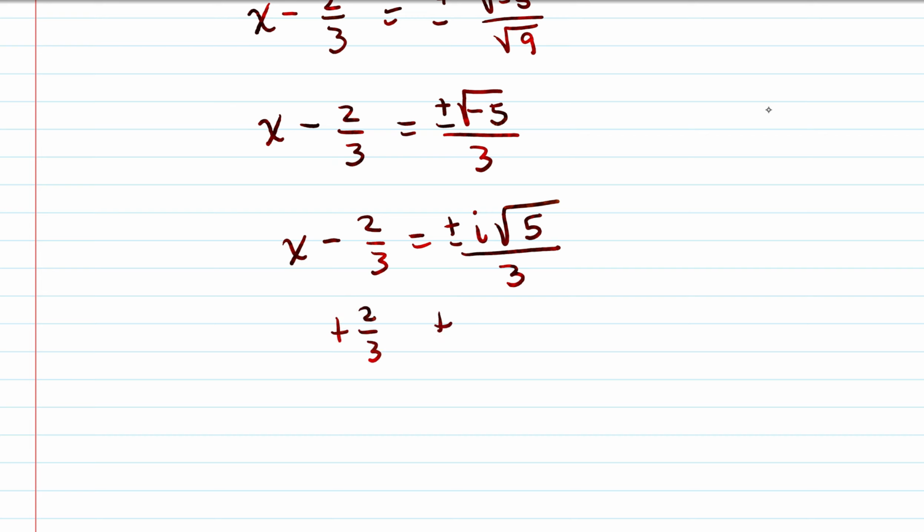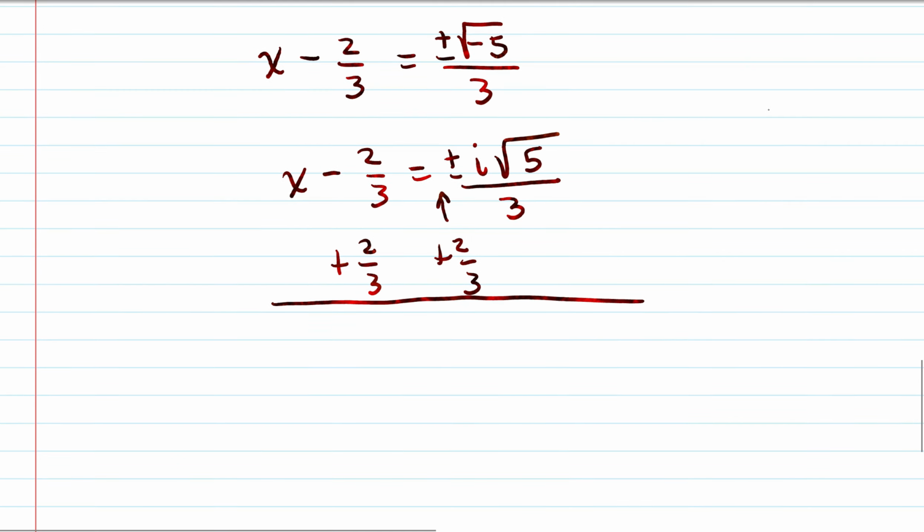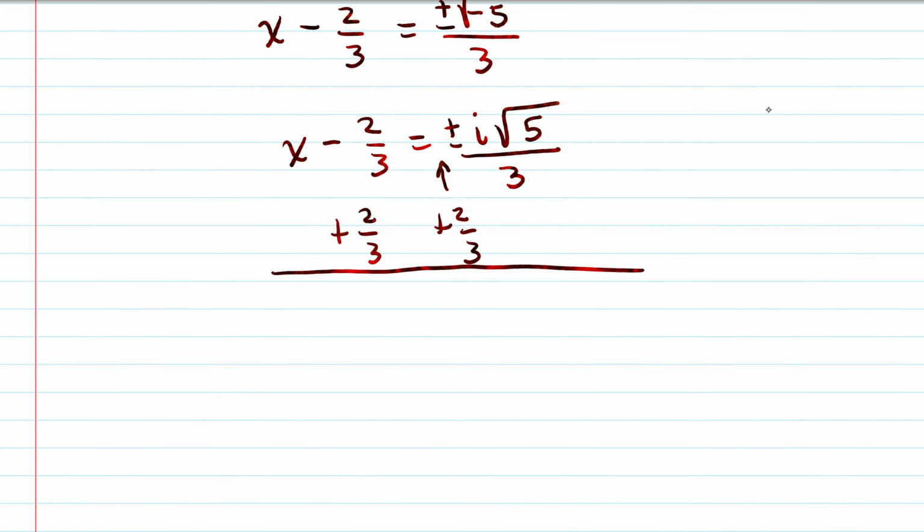I'm going to add to this side here too. I'm actually just moving it over right up here into this space in front of the plus minus. But I'm doing it algebraically. So x equals 2/3 plus or minus i square root of 5 over 3.